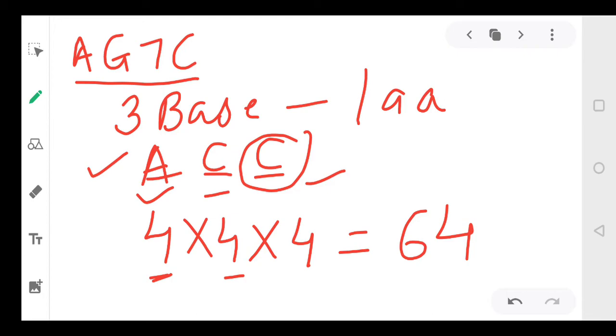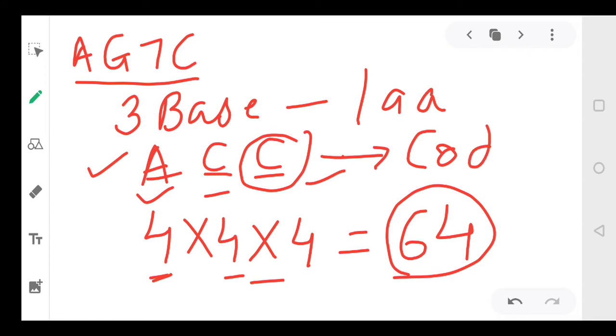And if we follow this, there are 64 combinations which are possible. So he said that 20 amino acids are produced from 4 bases, meaning at one point of the time 3 bases will be together. And since there are 3 bases, this will be called a codon.